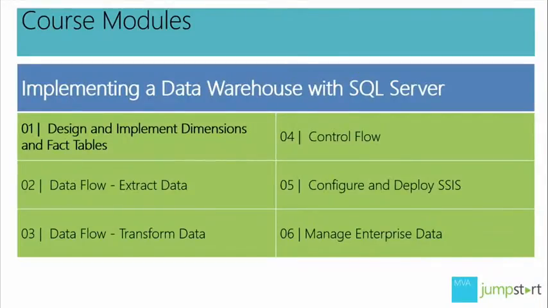All right. So we're going to be dealing with implementing a data warehouse today. Some of the things that we're going to be going over include how to design and implement dimensions and fact tables. We're going to be talking about not just the technical aspect, but also some of the business implications that go with it and what it takes to make sure that you've got a solid design to base your business analysis and reporting on. Then we're going to start talking about data flows.